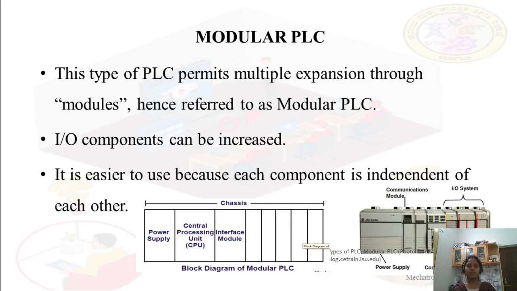Why it is having the less downtime? Since these are all independent to each other, if any fault is occurred, we can easily remove that module and we can repair it and we can fix that in the PLC system. So it needs very less downtime to repair it. Okay. And even memory also we can expand how much memory we want.